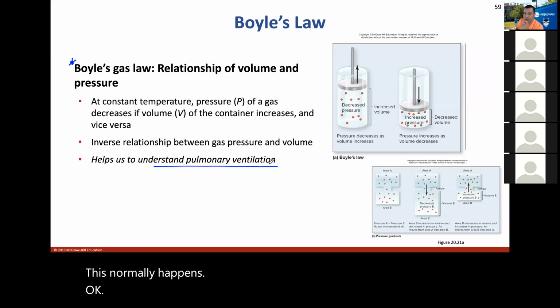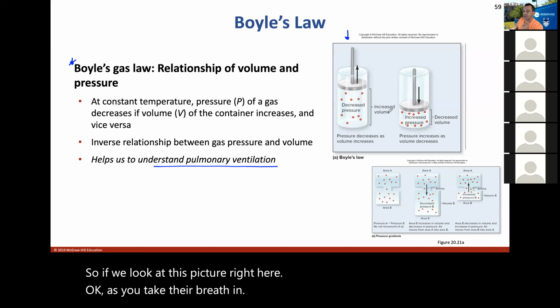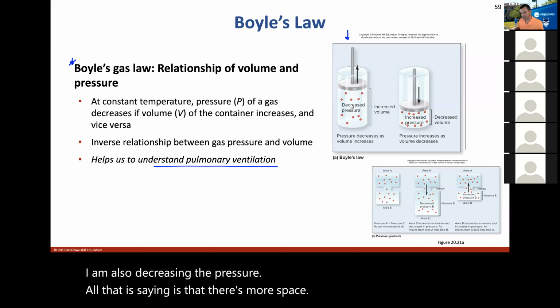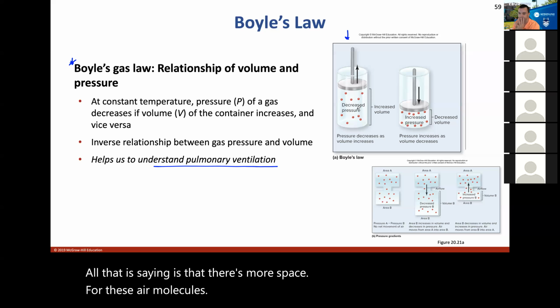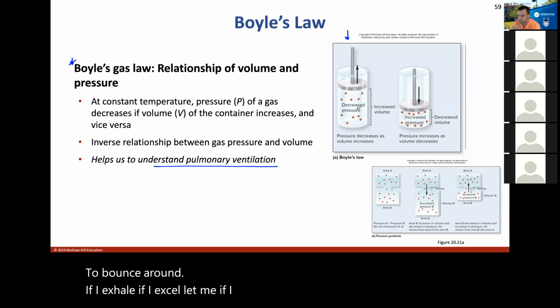So if we look at this picture right here, as you take the breath in, I'm increasing the volume of my space. I am also decreasing the pressure. All that is saying is that there's more space for these air molecules to bounce around. If I exhale, I am decreasing the thoracic volume.